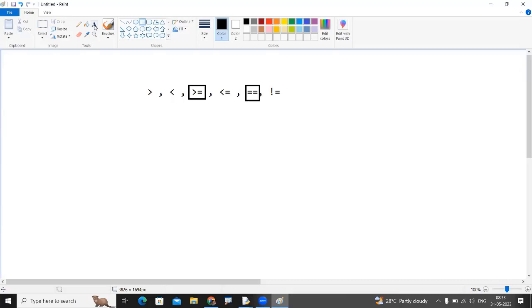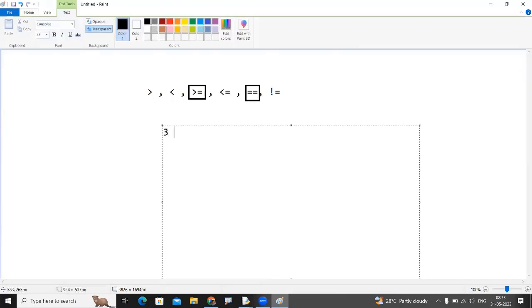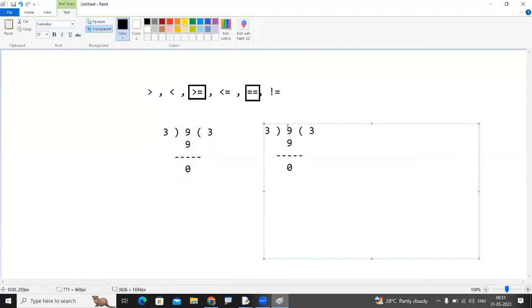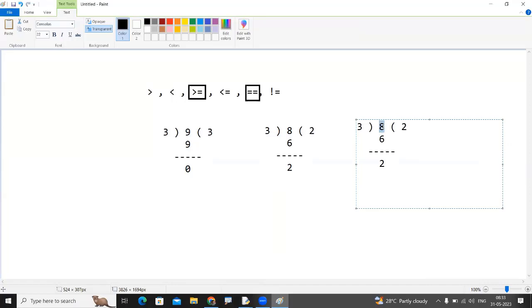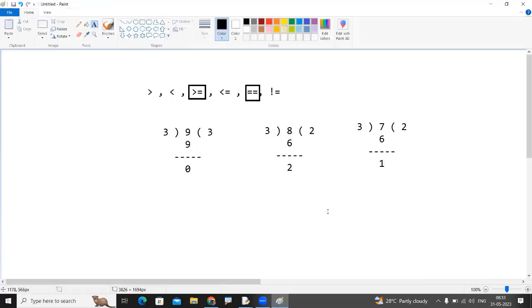Now arithmetic will also be included. I divide any number by 3. If the remainder equals 0, the reason is yes, 3 goes in exactly. Suppose I divide 8 by 3, only 2 times, right? The remainder is 2. For example, here it is 7 with 3, the remainder is 1.